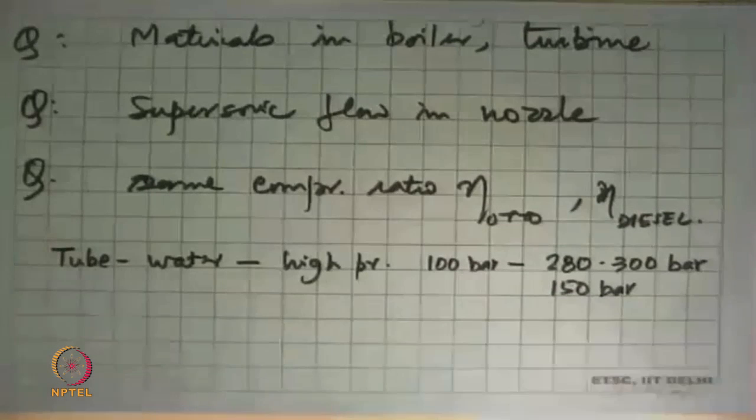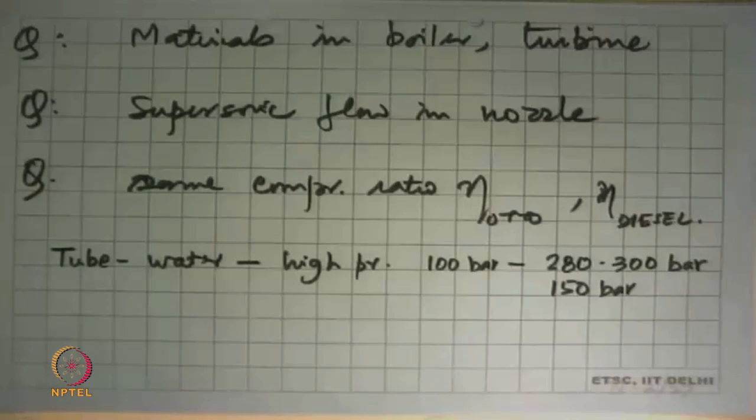Because you have such high pressures, we need to make the tube or the cylinder or the container small in diameter because of stress analysis. If you recall your solid mechanics, the larger the diameter, the stresses increase in proportion to the diameter, and the thickness of the wall that you require keeps increasing.